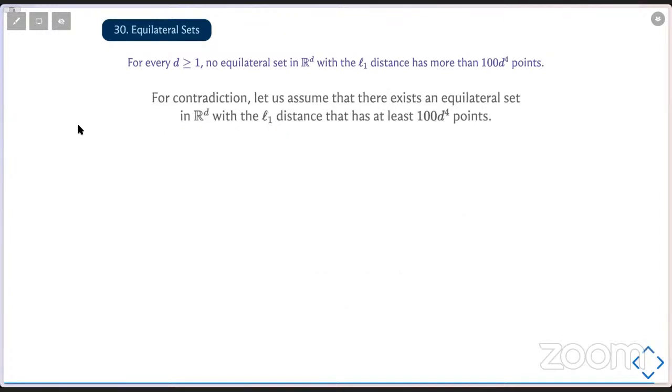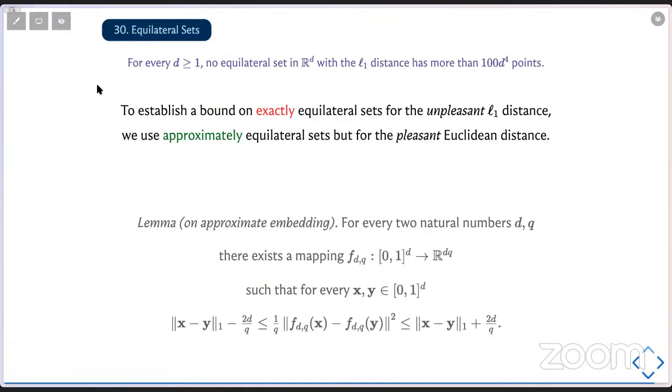All right, so this is our precise claim. I don't know if I stated it in so many words before, but our claim is that you cannot have more than 100 d to the 4 points whose L1 distances are mutually exactly the same in R^d, right? That's the claim. And so let's assume, this is the template of the proof, right?